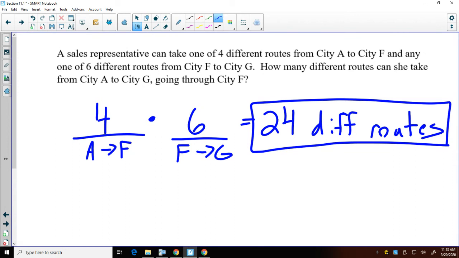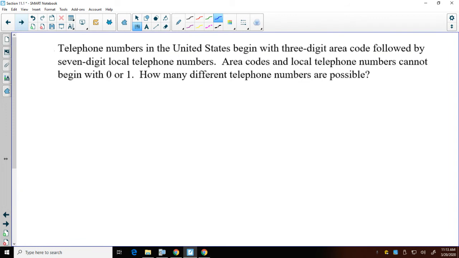And then last but not least, question number 5. This is an interesting question, especially since we're talking about all the different types of numbers that are possible in the United States. It says telephone numbers in the United States begin with a 3-digit area code, followed by 7-digit local telephone numbers.